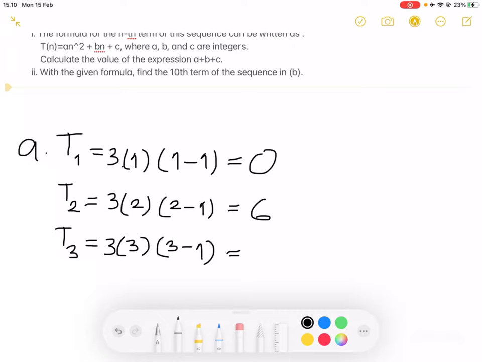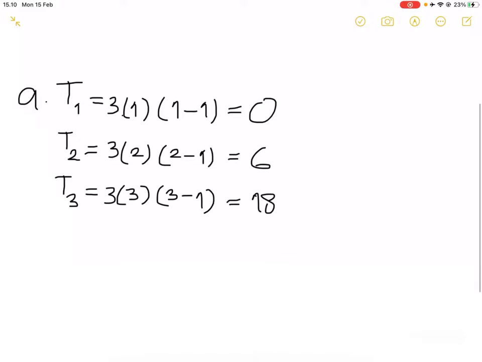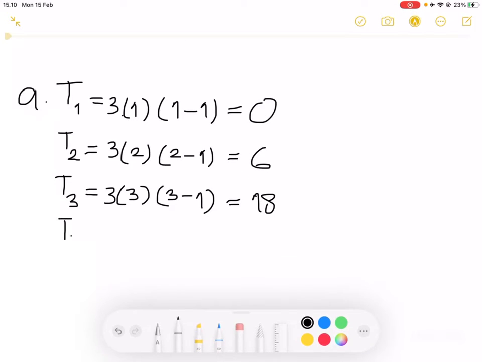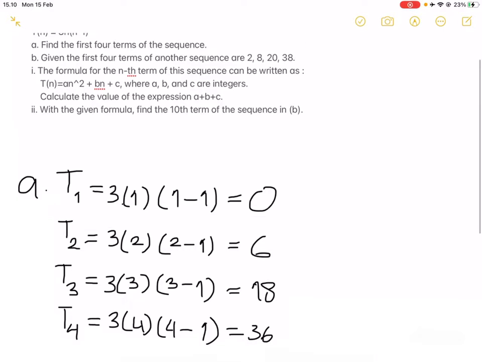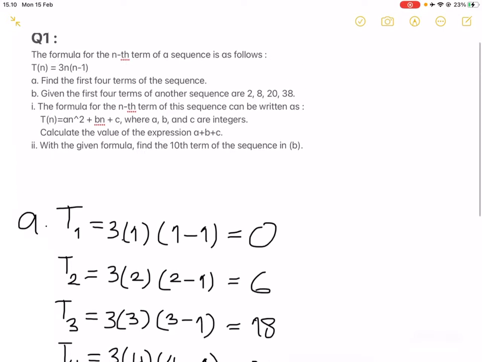This will be equal to 18. And then for n equals 4 for T4, you'll get 3 times 4 times 4 minus 1, which will be equal to 36. Alright, so that's it for part A.